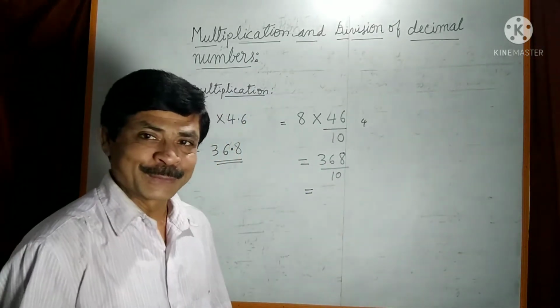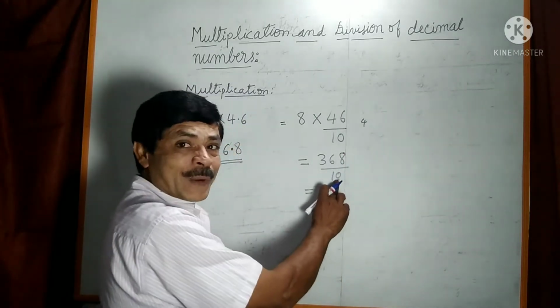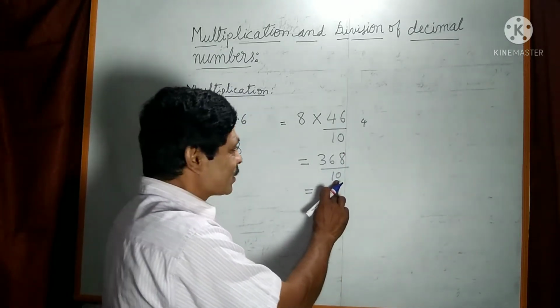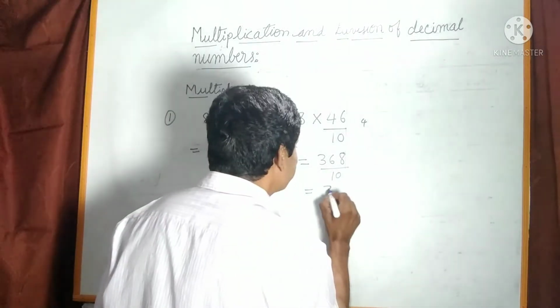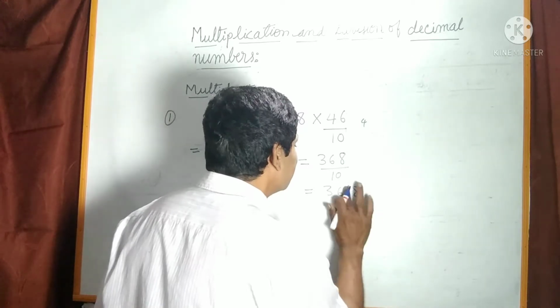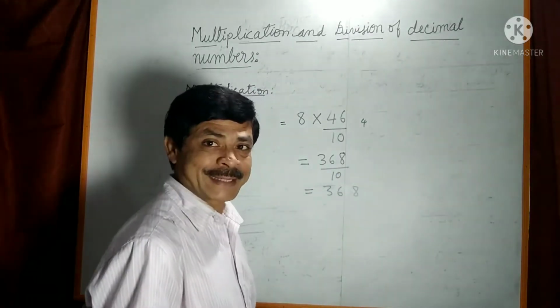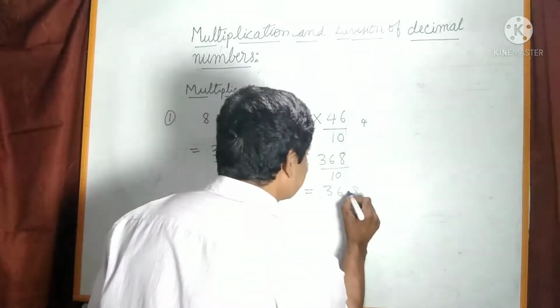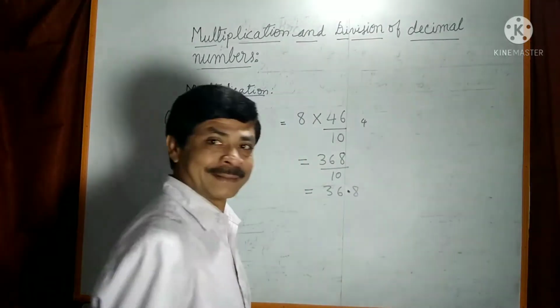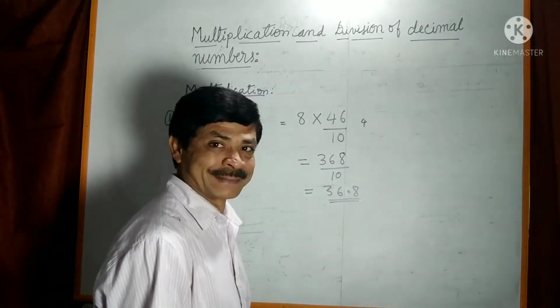Now in the denominator 10 is there, so we have to put the decimal point after one digit from right side towards left side. This is your answer in the second method.